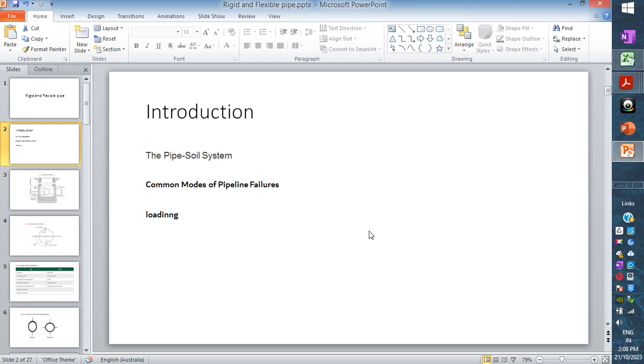Just to let you know why we are going through today's session: I was working on a few assignments regarding CCTV investigation for the underground network of the council pipes, and I thought of making some loading calculations just to recap and understand myself.